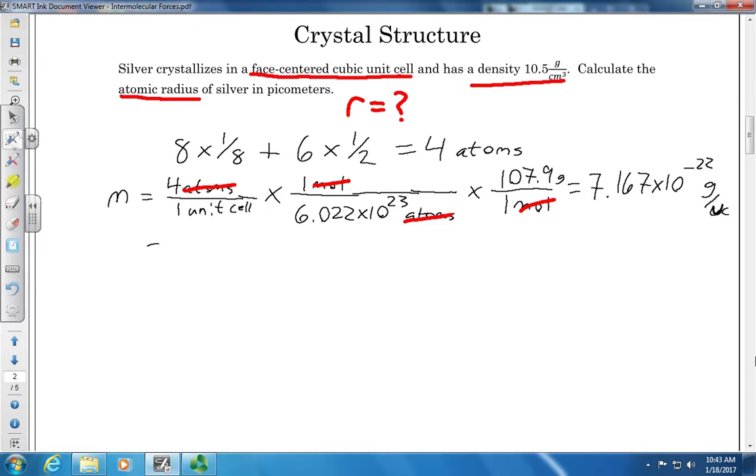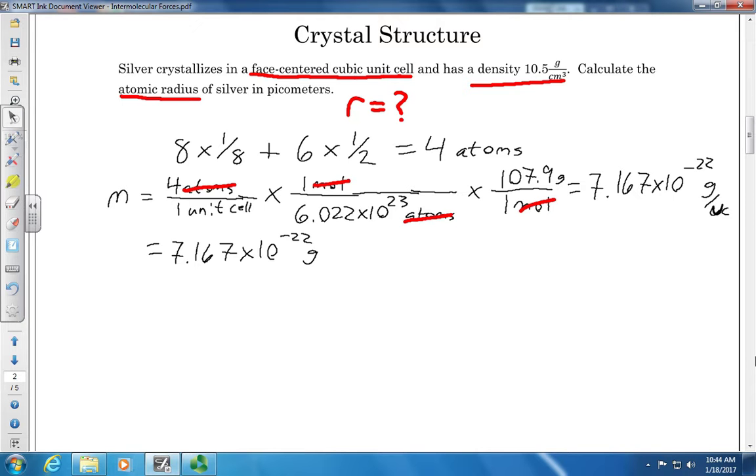So ultimately, our mass is 7.167 times 10 to the minus 22 grams. Now, if we were told a different number, if we had several unit cells, then you can multiply it by whatever number of unit cells are being addressed in the problem. However, for ourselves, all we have to do is multiply by 1 unit cell because that's all we're dealing with. And the result is 7.167 times 10 to the minus 22 grams.